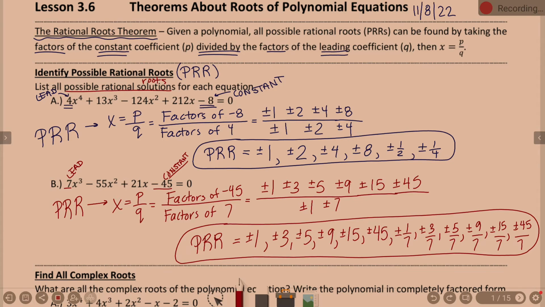Okay. That's a lot right there, isn't it? Yep. Now, good news though, you're not being asked to do anything with them. You're just being asked to practice listing them. Okay? So these are the possible rational roots, your PRRs. So these are the rational numbers that might be answers to this problem.